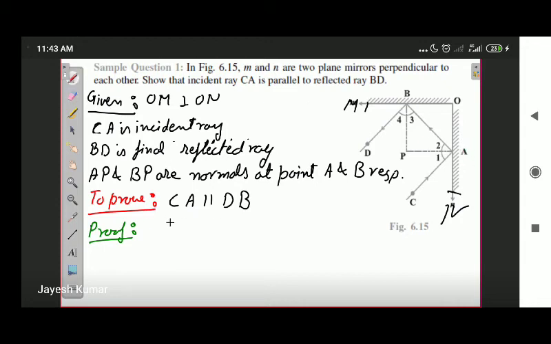Now we'll start with the proof. In this proof, first of all, I'm going to prove that this quadrilateral APBO is a rectangle.